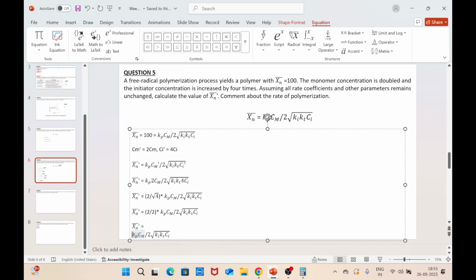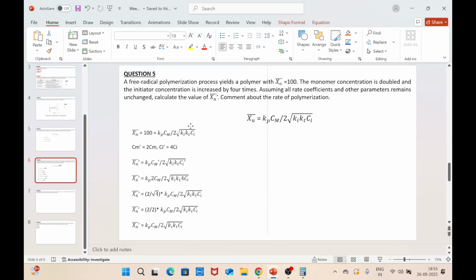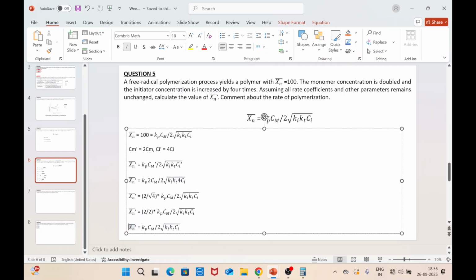But again, as we saw previously, this is equal to Xn itself. Is this not correct? Just a second.